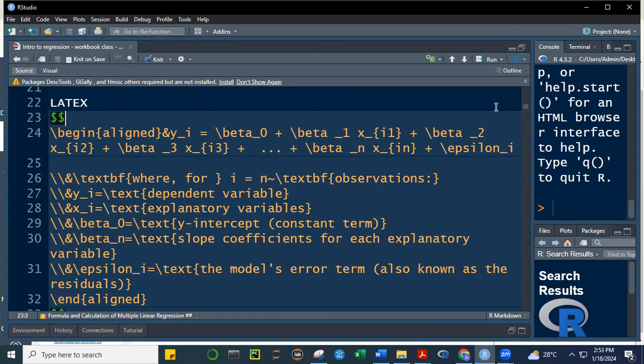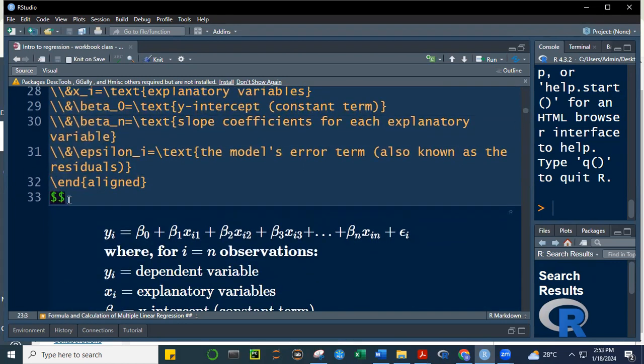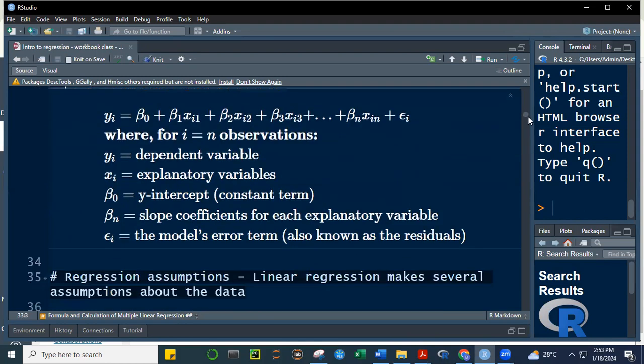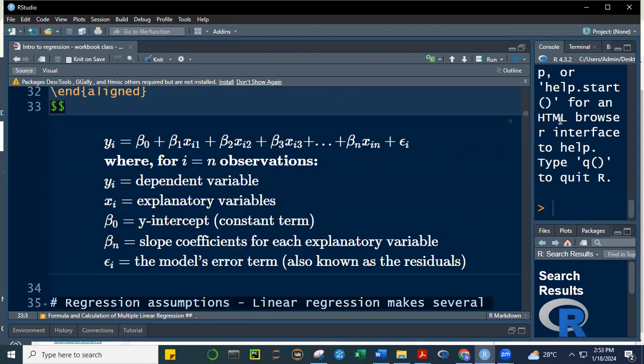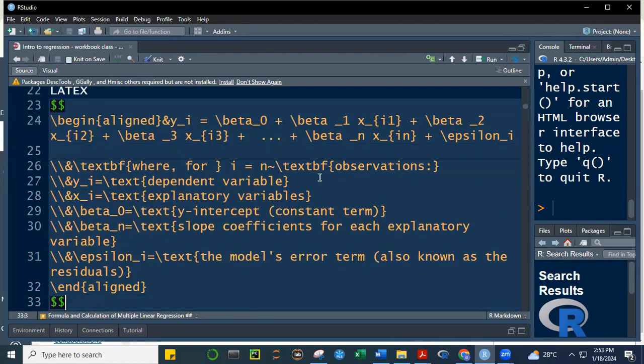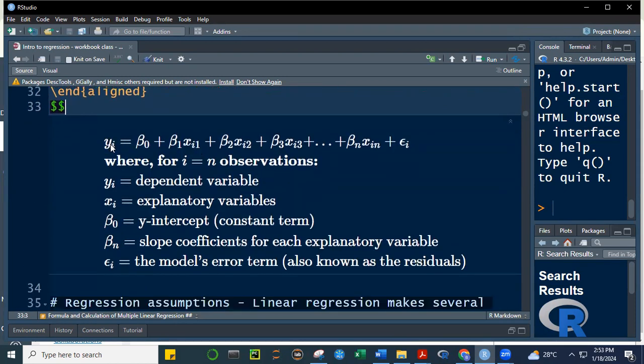Here I'm starting with two dollar signs and then ending with two dollar signs, so that if I press enter here, it will generate these terms. We will not be studying everything here, but suffice to say that this tells us begin aligned and end aligned. So this is just to format our text. You notice that when it begins here, it's aligned with the one at the end. So this just aligns our text.